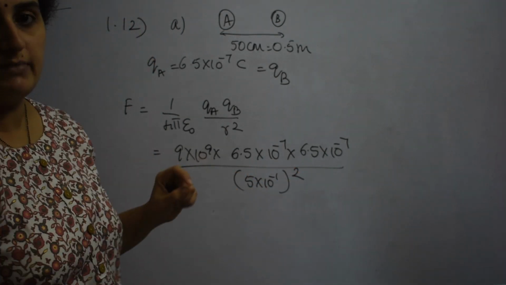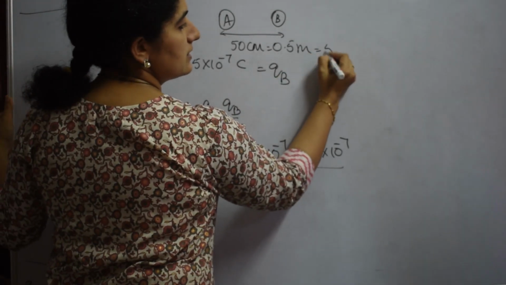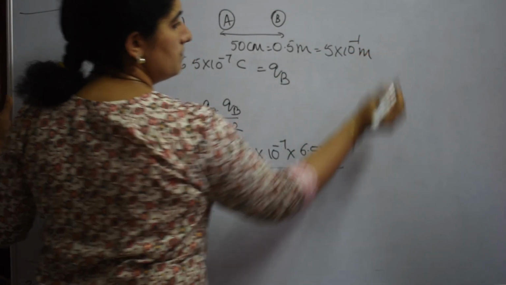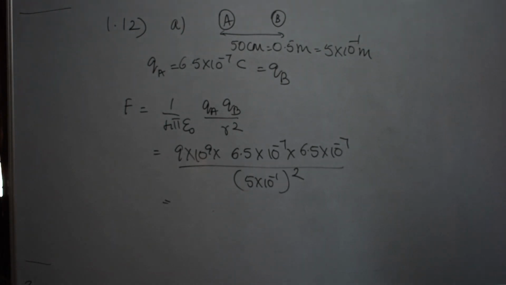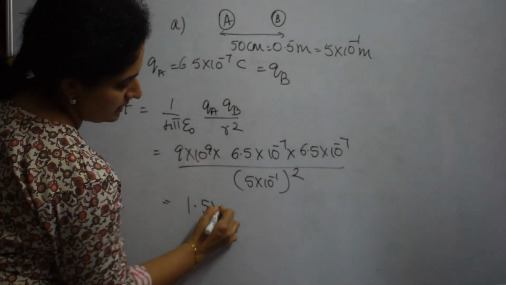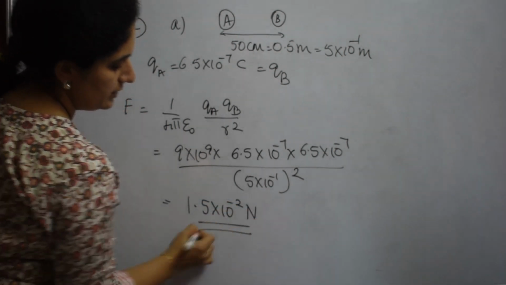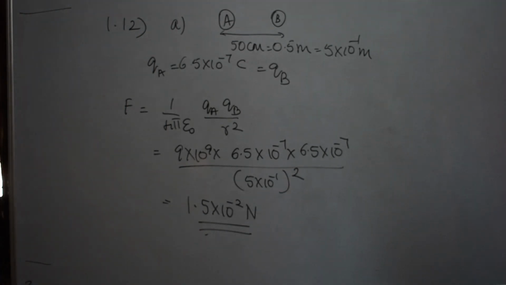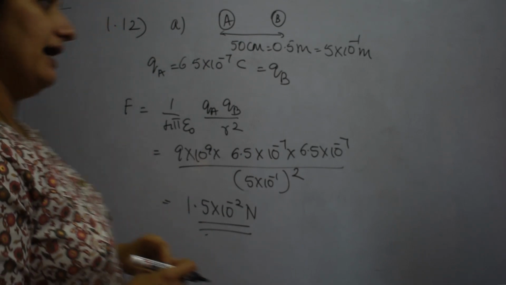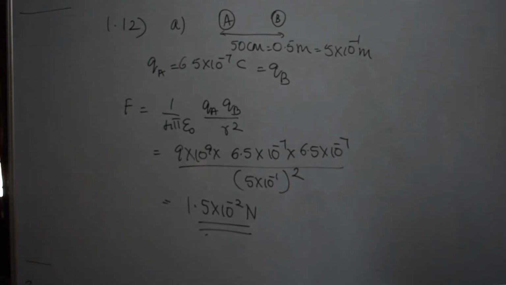Always substitute in meters. 0.5 meter is nothing but 5 into 10 to the power minus 1 meter. Substitute the values. The answer comes around 1.5 into 10 to the power minus 2 Newton. The simple one, part A. Just substitute QA, QB and R values.